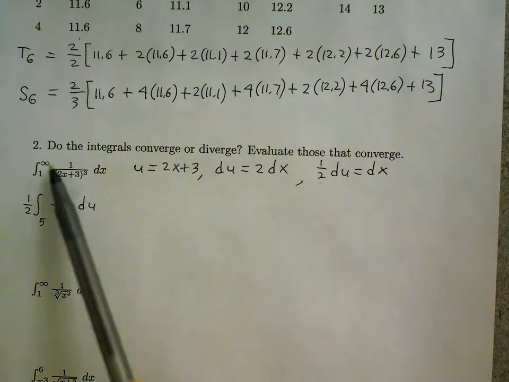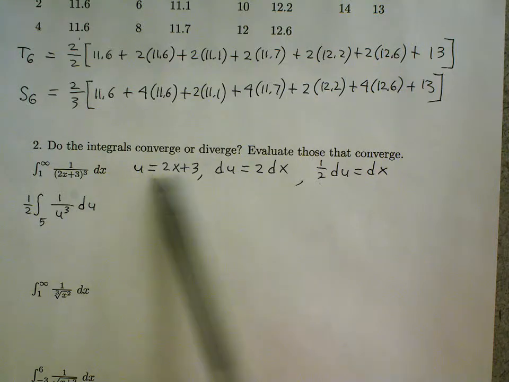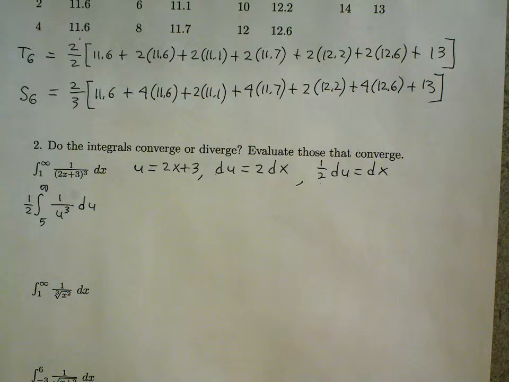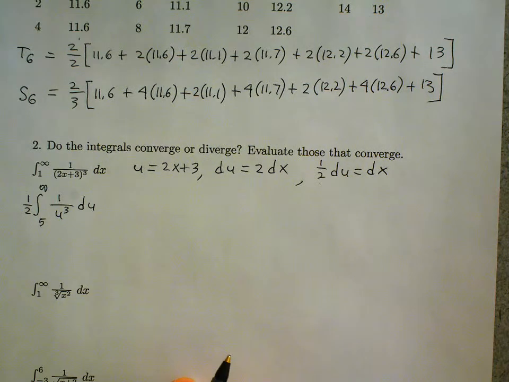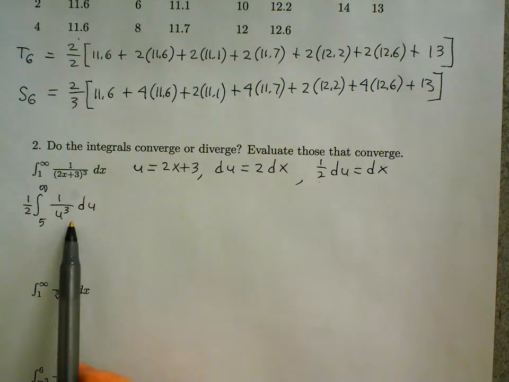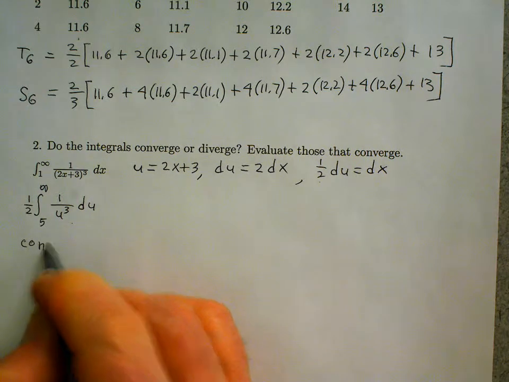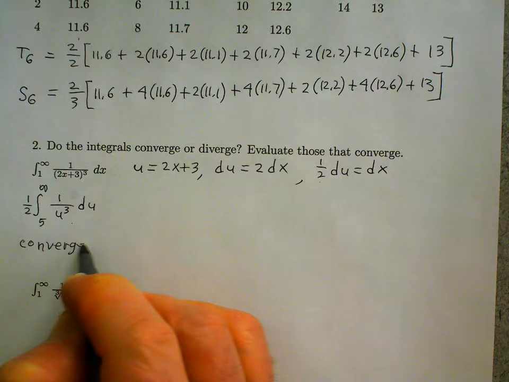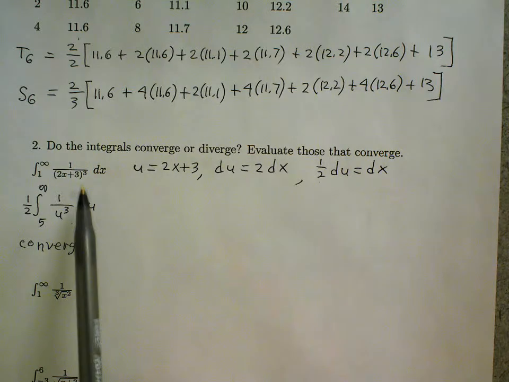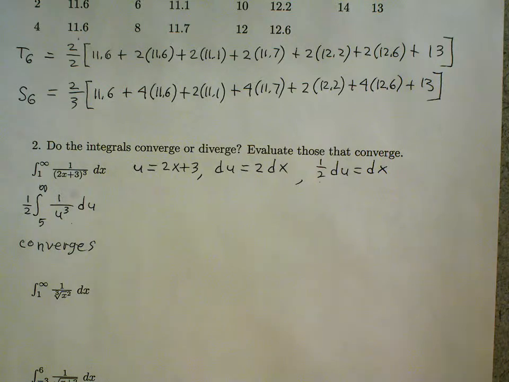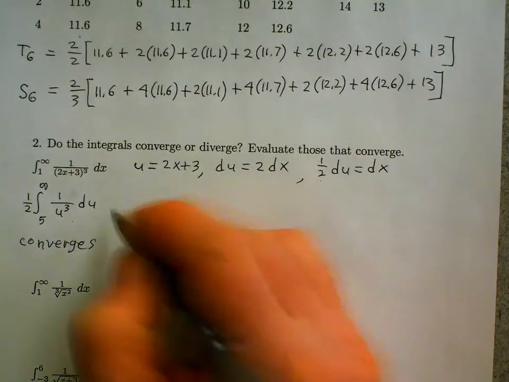And when x approaches infinity, so does u. We know that this one converges, because the exponent on u in the denominator is greater than 1. So we'll find what it converges to.